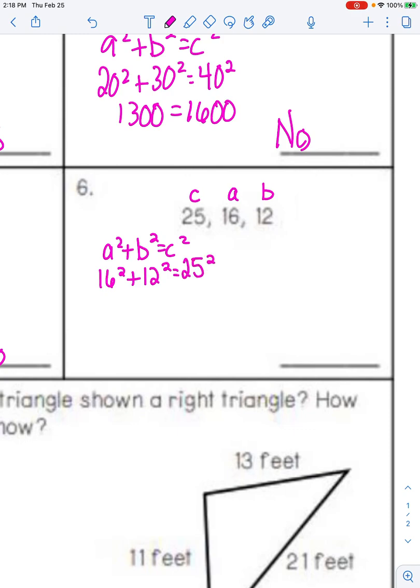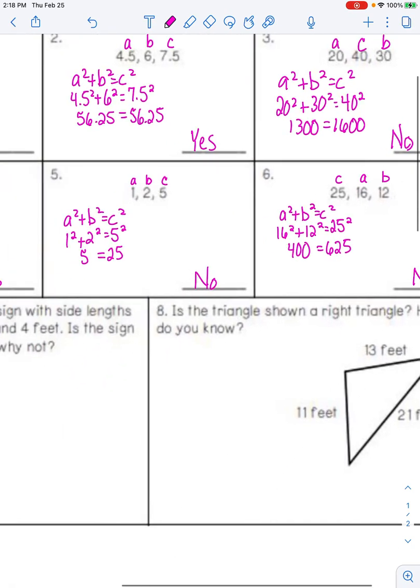Let's type that in our calculator and see if these are equal. 16 squared plus 12 squared gives us 400. And then 25 squared gives us 625. Are those equal to each other? No. So those three sides, 12, 16, and 25, could not create a right triangle.